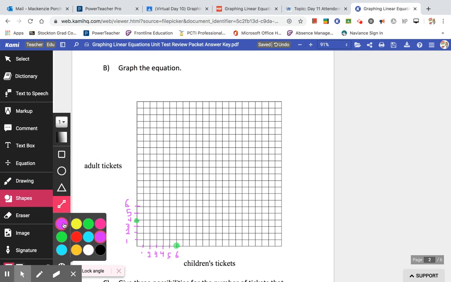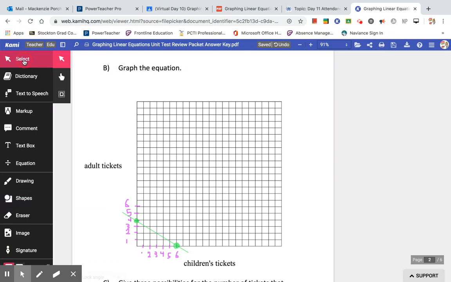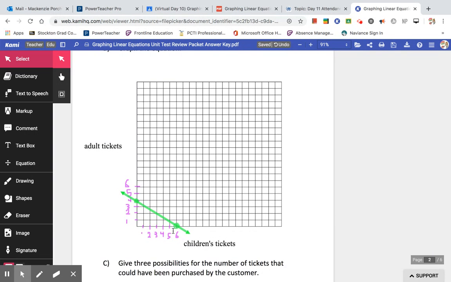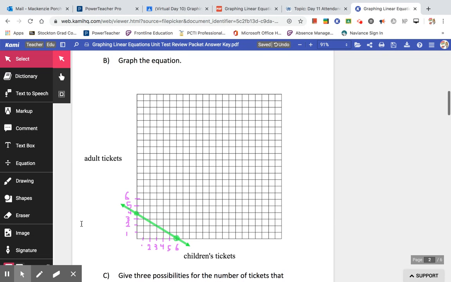So now that we have these 2 points, we can draw the line through them. That will be our line. It goes through the x-axis at 6 and the y-axis at 4. So that will be how we do part B.